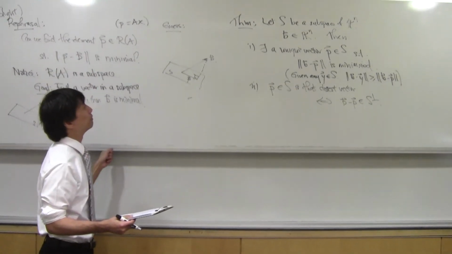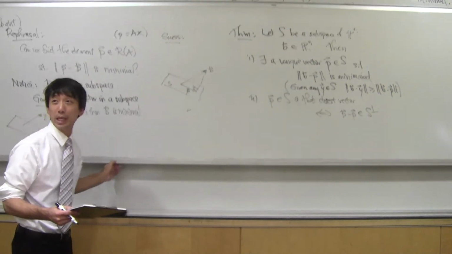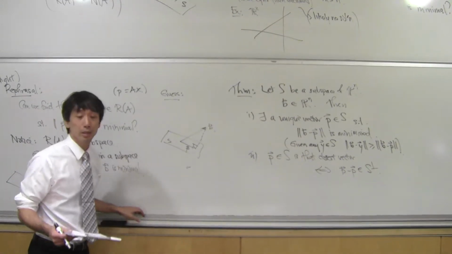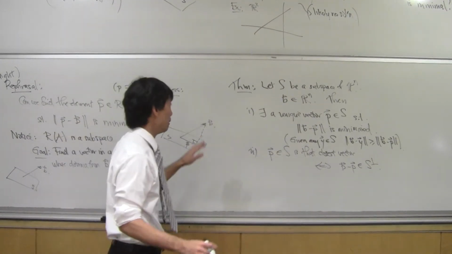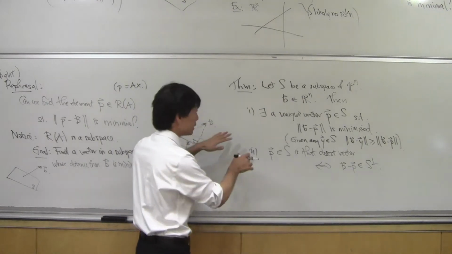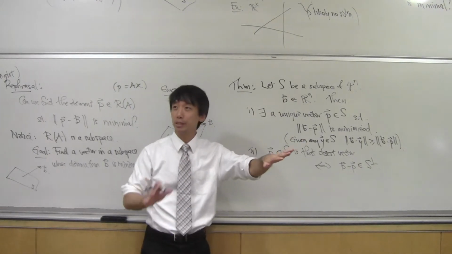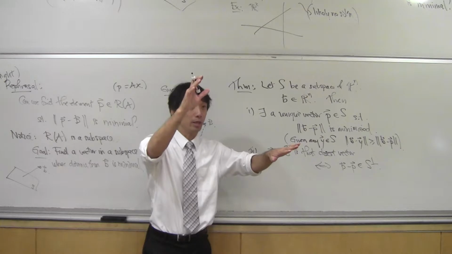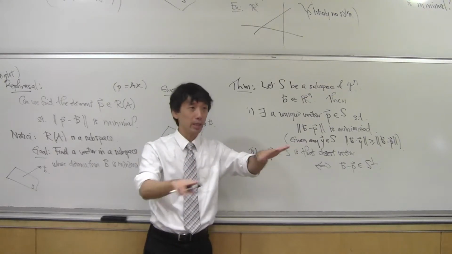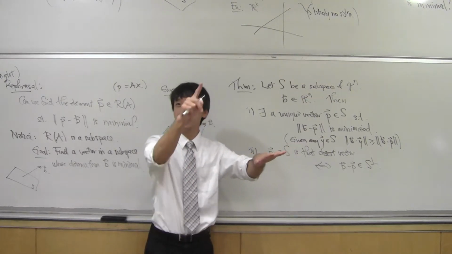Everybody getting the idea? I hope. So this theorem says that if you have a subspace and some vector outside of it, then there exists somebody in that subspace that's closest to this outside guy.